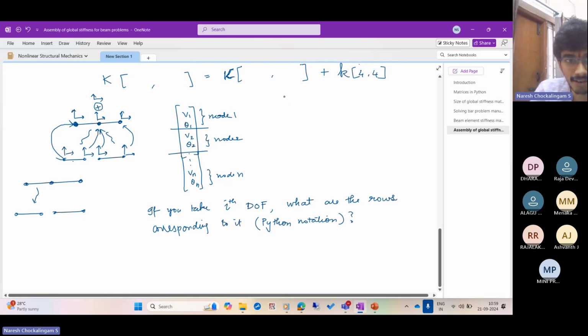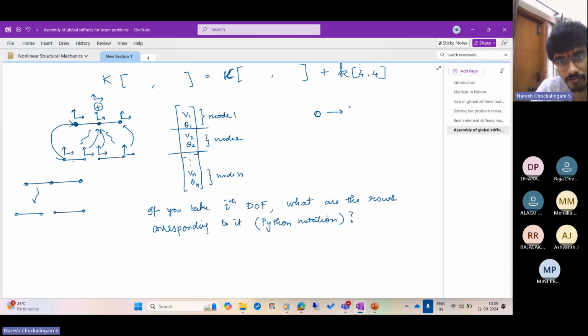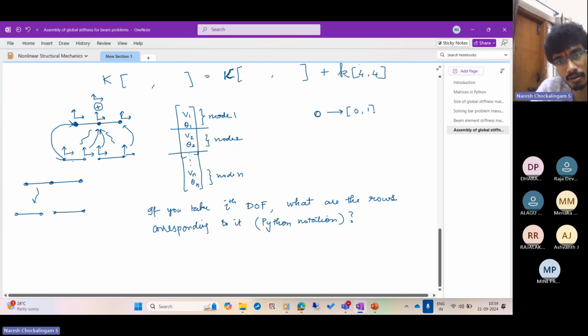Node 0 has degrees of freedom 0 and 1. This is row 0, this is row 1, this is row 2, this is row 3.